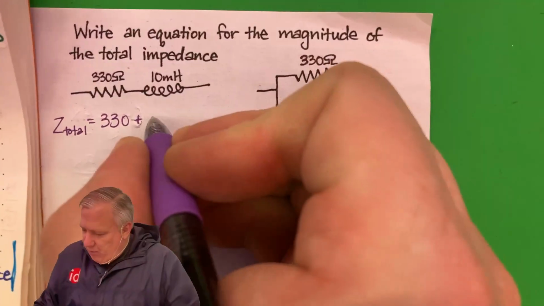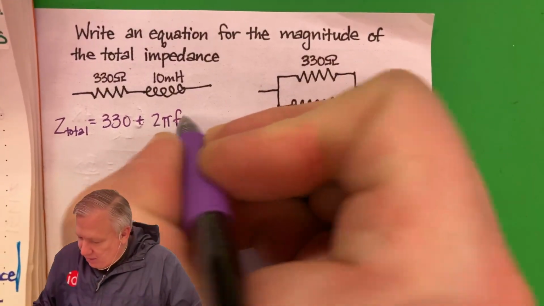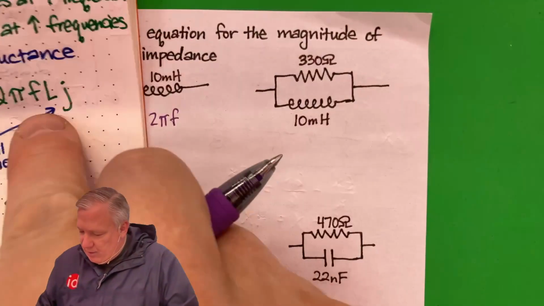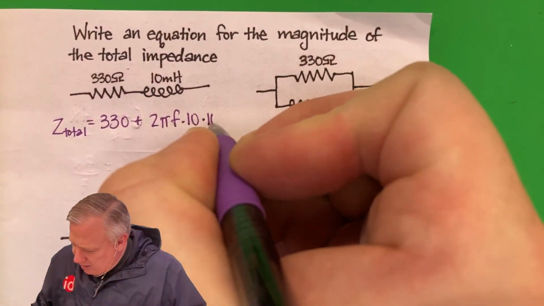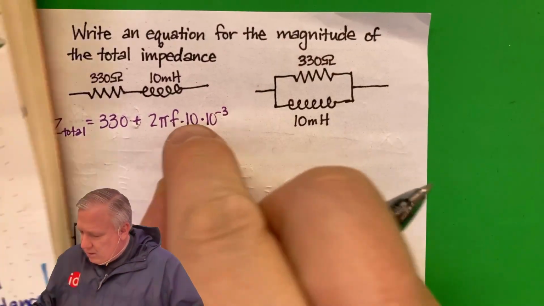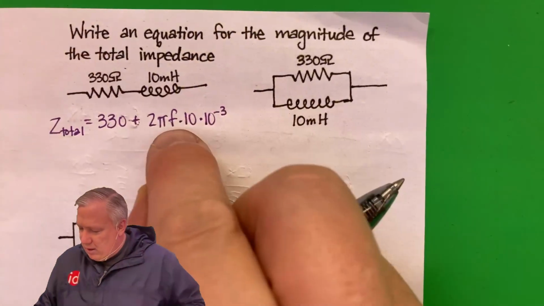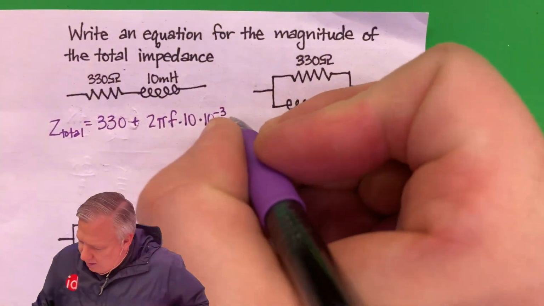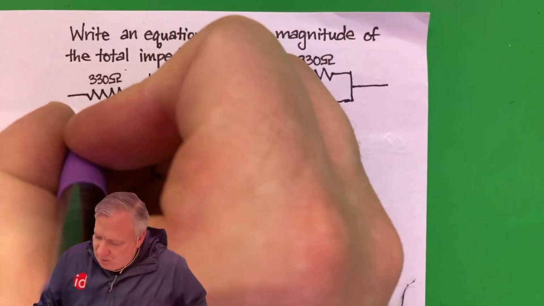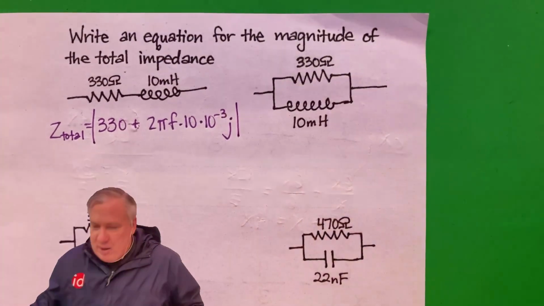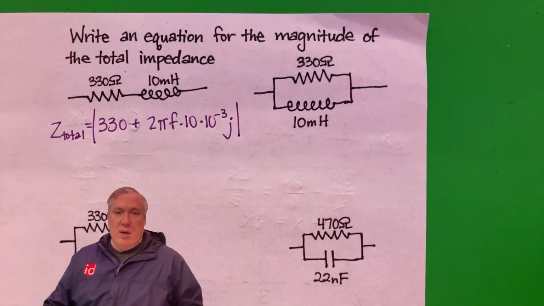So that's 2 pi f, and yes, we're going to leave f alone here, times the inductance, which is 10 millihenries, so times 10 to the negative third, and then j. And this has the magnitude, which means distance from 0, so then you just slap an absolute value at the end, and you're done. Okay? So that's how this works.